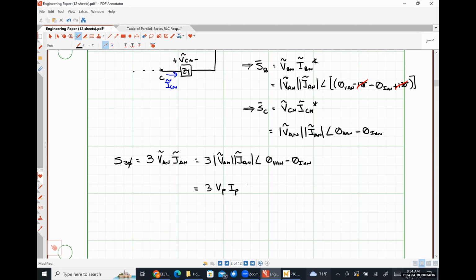Now, we're going to simplify the angle of VAN minus the angle of IAN. Where have we seen a difference in angle between voltage and current before?